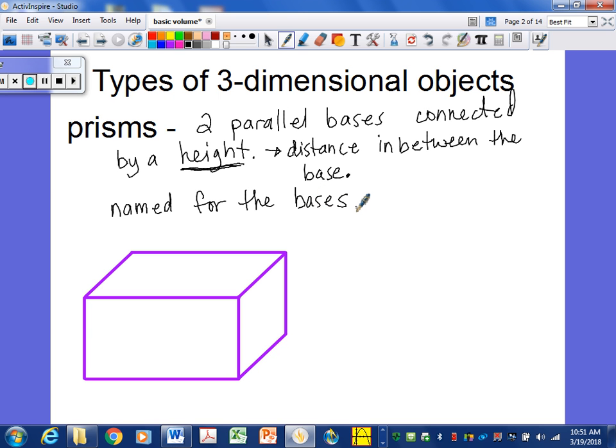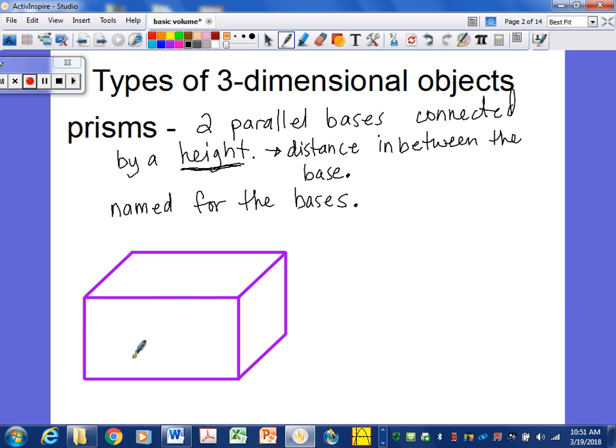So we could have rectangular prisms, triangular prisms, square prisms, pentagonal prisms, trapezoidal prisms, rhomboidal prisms, but normally they're going to be normal shapes, rectangles, triangles, squares, and regular pentagons and such. So named for their bases.